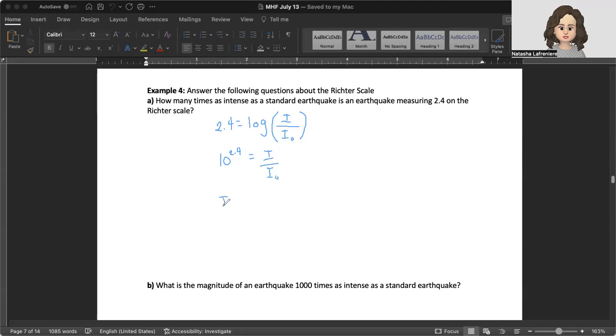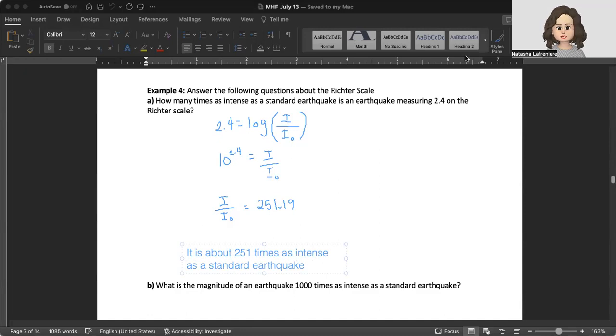Okay, and so our I over I0 is equal to 251.19. So it is about 251 times as intense as a standard earthquake.